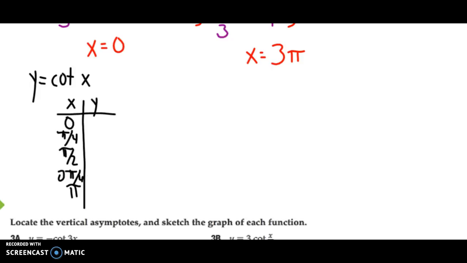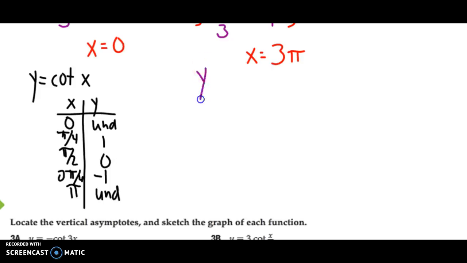And so then our values would be, at 0 it's going to be undefined. At pi over 4 it's going to be 1. At pi over 2 it's 0. Then negative 1. Then back to pi is undefined again. So this one, instead of going down and up like a tangent graph does, starts at 1, goes to 0, and then negative 1. It's going to be a downward slope.